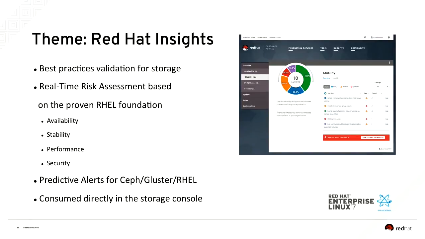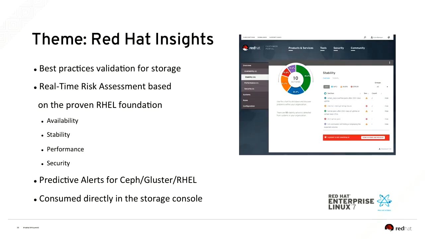But if they were to, for example, give us their Ceph configuration file, we would know some key things, maybe information about the kernel they're running, the version of Ceph or the version of Gluster they're running. We can do some predictive things to let you know you might have a problem if you have this combination of this RPM and this version of Ceph.